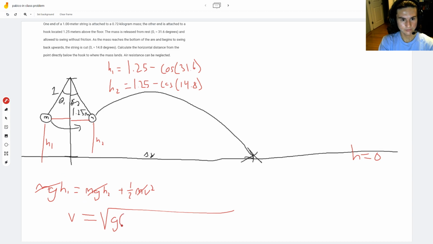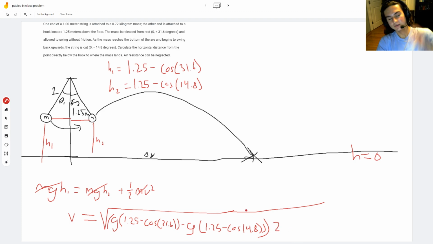I'll put in the values of h1, so h1 is 1.25 minus cosine 31.6, and then we're subtracting this one, so minus g times height 2, which is again 1.25 minus cosine of 14.8. And then all this is multiplied by 2 because we're getting rid of the 1/2. So I'm going to quickly plug that into a calculator.